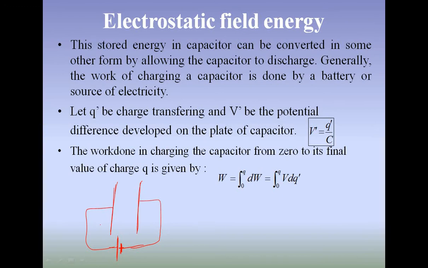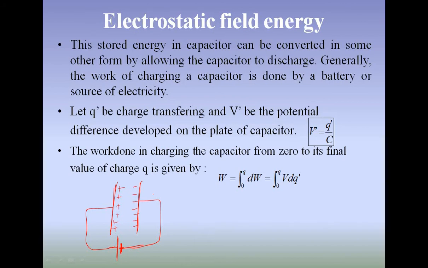So with this connection, we will see that after some time the positive charge will accumulate on this plate and the negative charge will accumulate on this plate, and hence as time gradually passes, you will see that the potential difference between these two plates will increase. So the potential difference increases between the two plates.